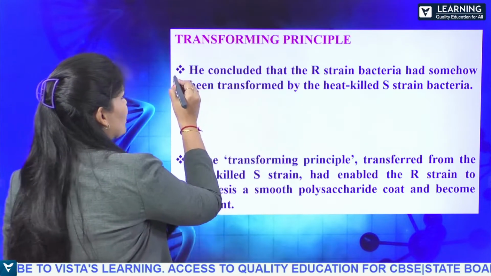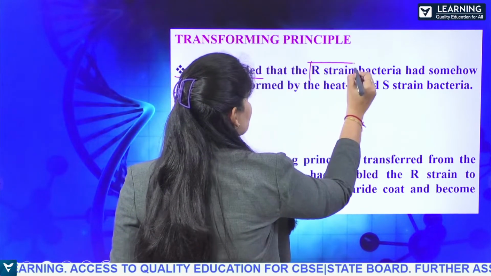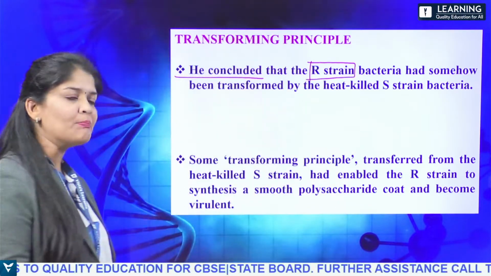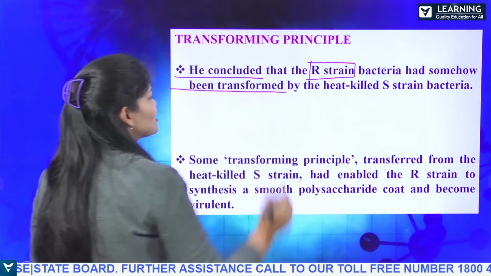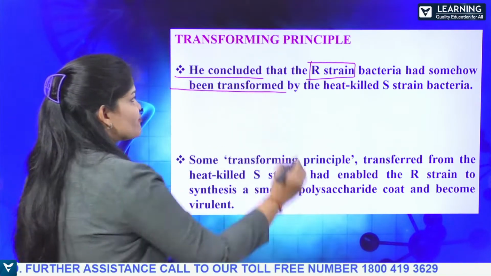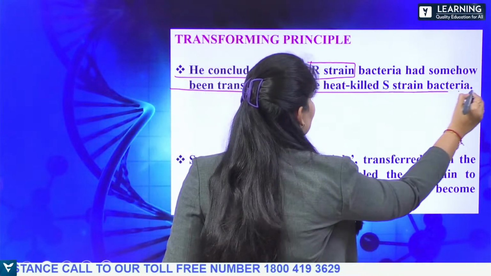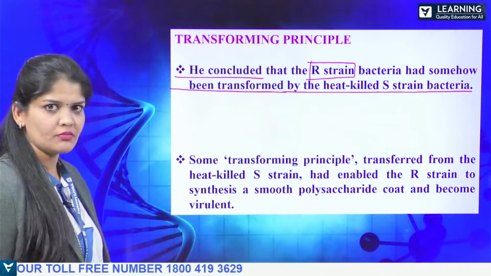So he concluded that R strain bacterium had somehow been transformed, that is the transforming principle, transformed by the heat-killed S strain bacterium.